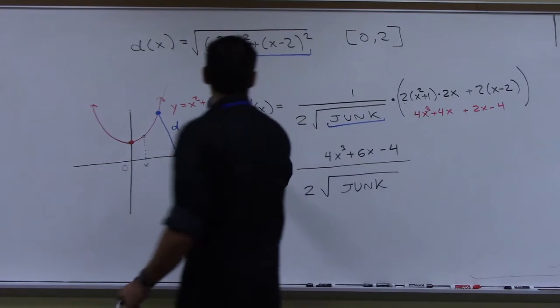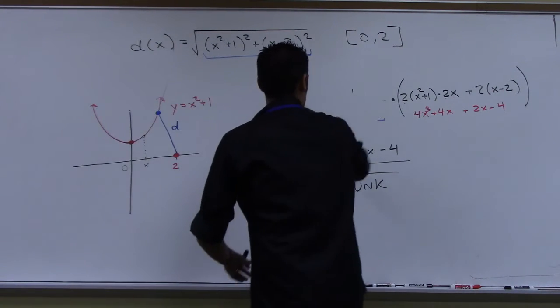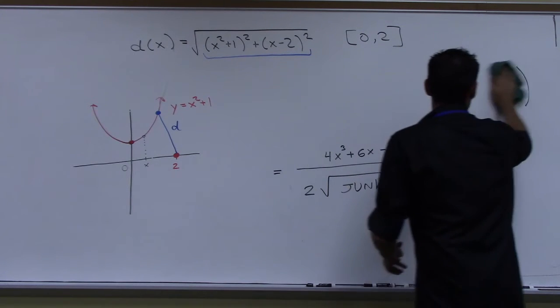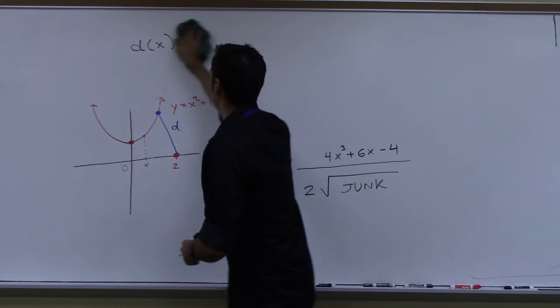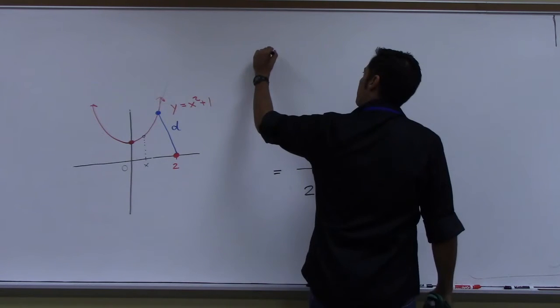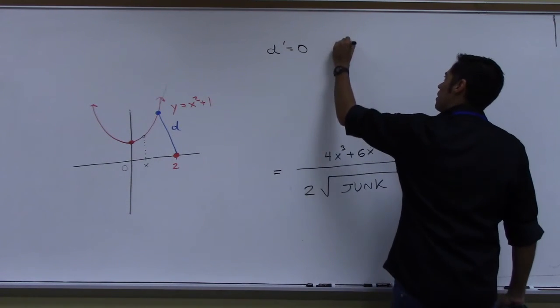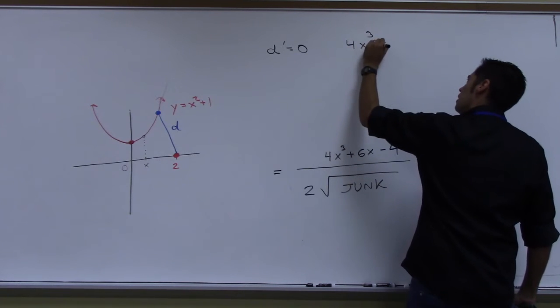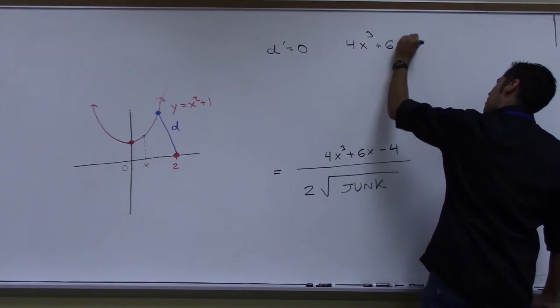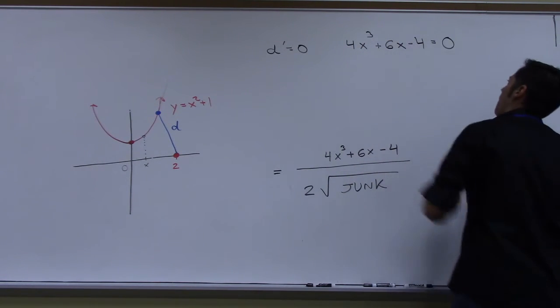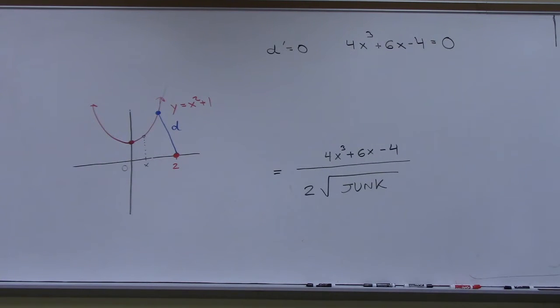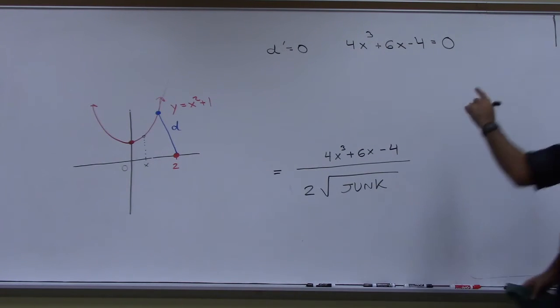So let's try setting the top equal to 0. We're going to run into a major problem here. D prime equals 0 means I need to let 4x cubed plus 6x minus 4 equals 0, right? That's what I need to do. I'll address that in just a second.